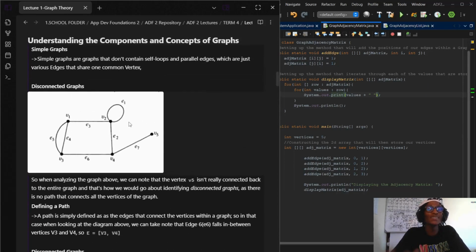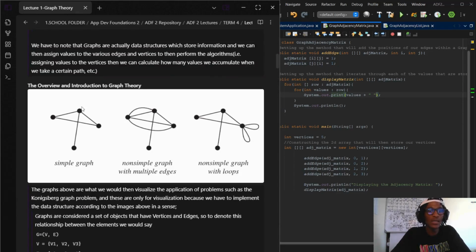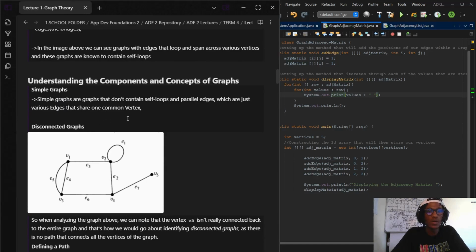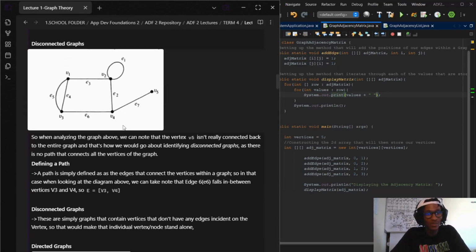So, understanding the components and concepts of graphs. We have already denoted that a simple graph is a graph that doesn't contain loops and parallel edges, which are just various edges that share common vertices. So that's simple graphs.